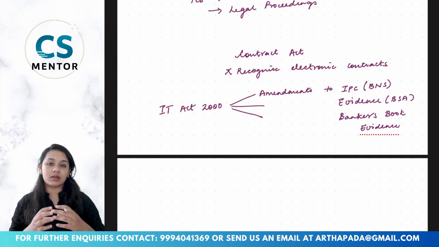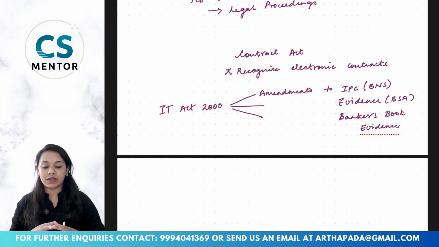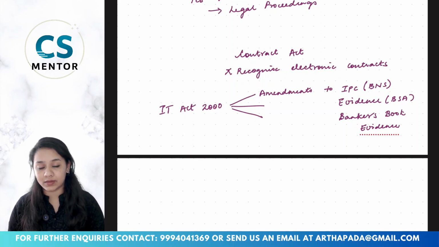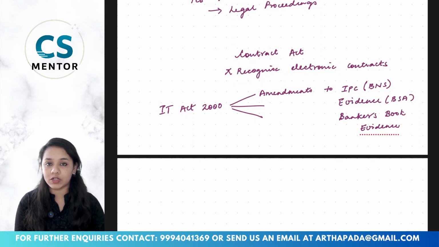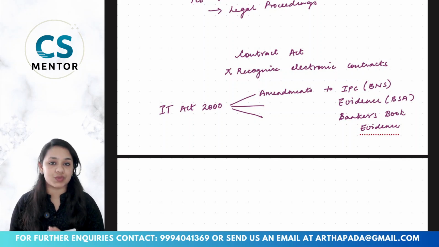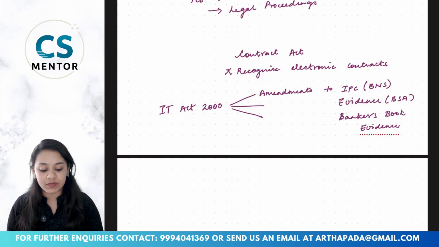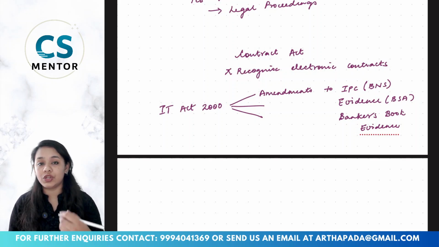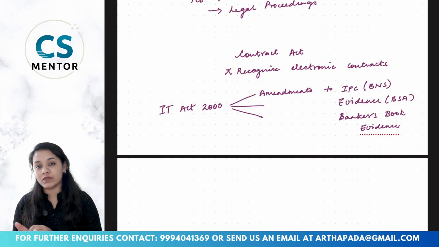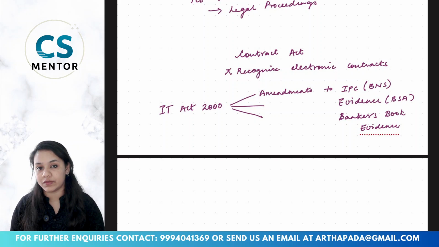So earlier, the criminal law recognized offenses committed only against a human being. But then, when the IT Act came out, it amended the Indian Penal Code so as to include harm committed against a computer resource too. Then, similarly, even the evidence law, earlier only documentary evidence and oral evidence was given, but now the documentary evidence also includes electronic evidence.